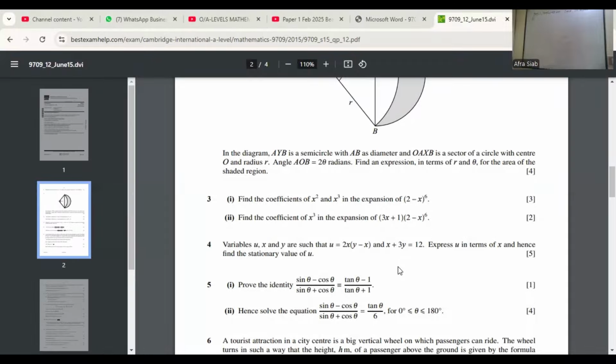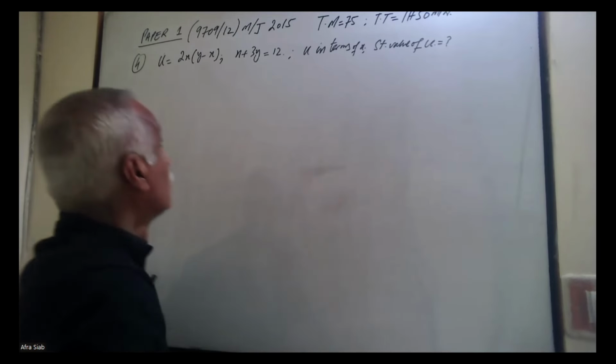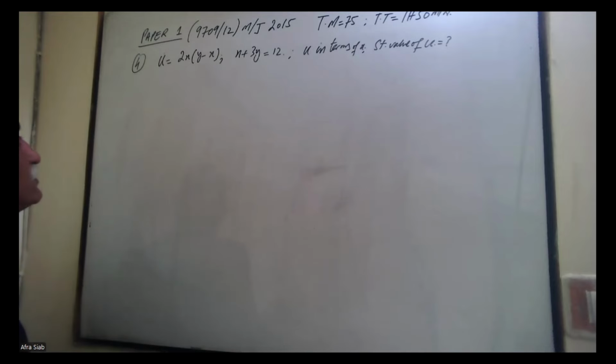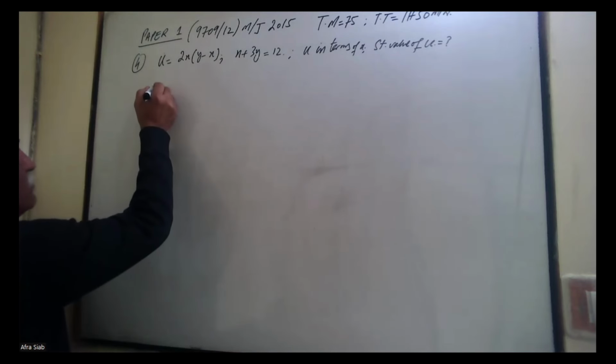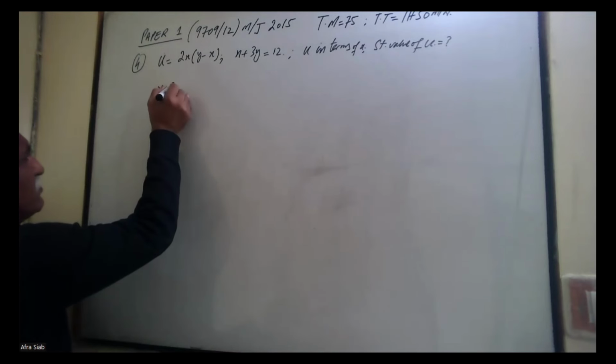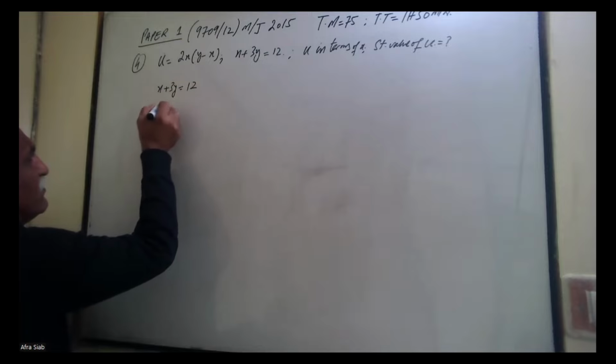So u is equal to 2x into (y minus x), where x plus 3y is equal to 12.